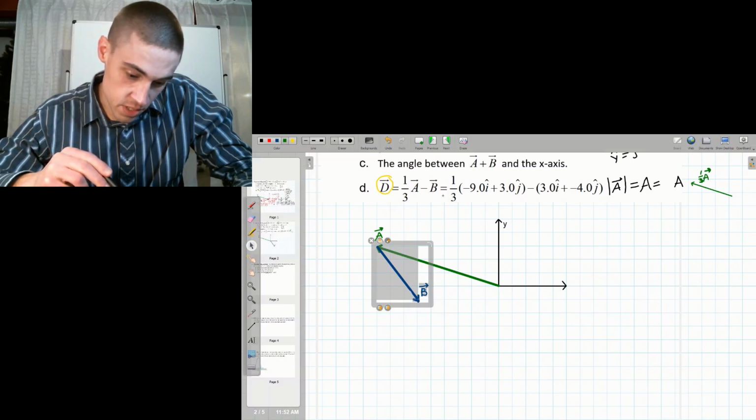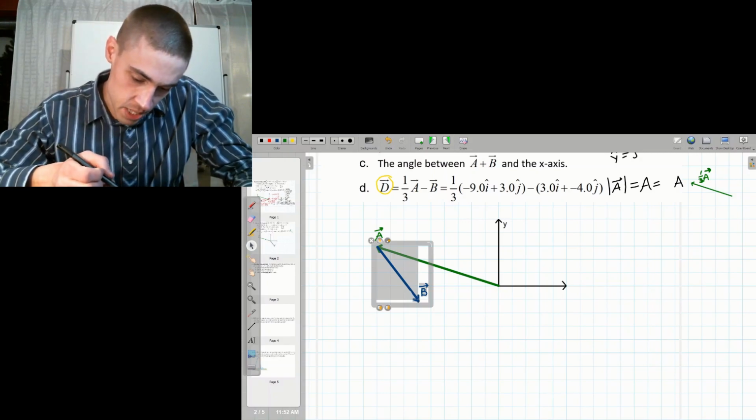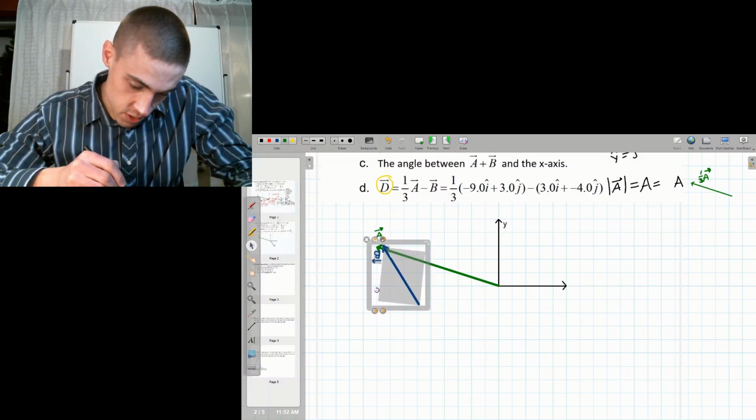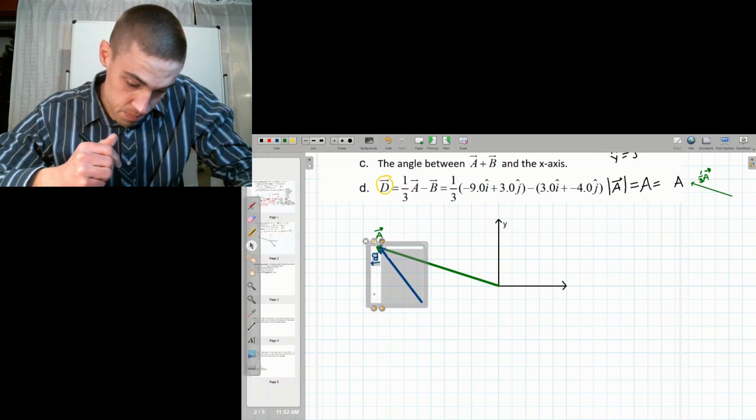What about when there's a negative sign in front of it? So if you have B and you want to find minus B, all you have to do is just flip it in the opposite direction. So if I flip this thing around, it looks like upside down B, but that's negative b.